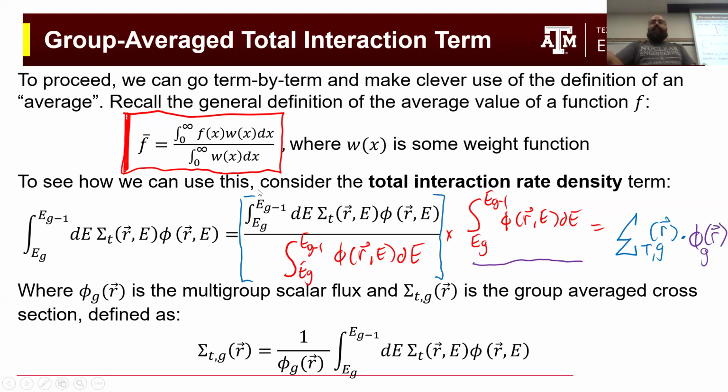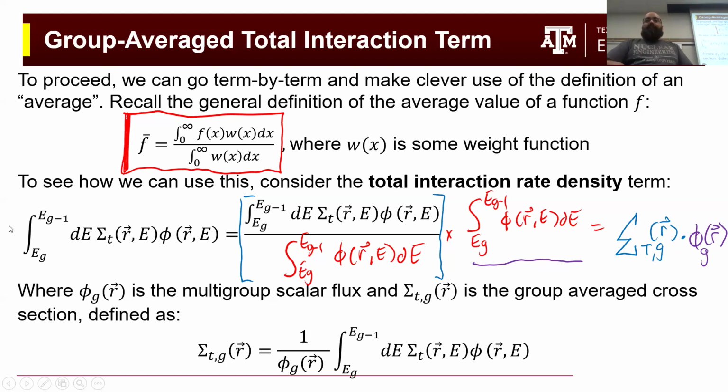So notice we've taken this complicated looking integral and we've just rewritten it as a product of my group averaged total cross section times the flux for that group. And what that total group cross section is, it's just my total cross section for neutrons that have energies within that group g.